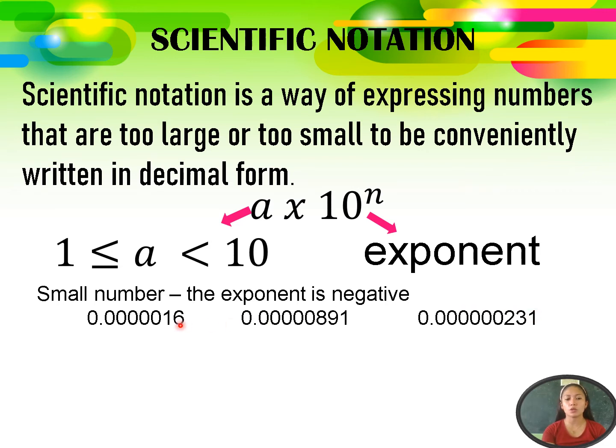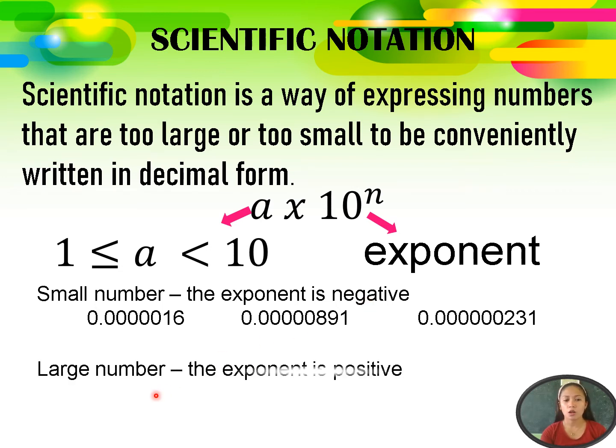Observe that for small numbers, the zeros are located in front of the non-zero digits. And notice that the ones place here is equal to 0. So not even 1, not even 2. So these examples here are considered small numbers. And when you write it in scientific notation, the exponent is negative.